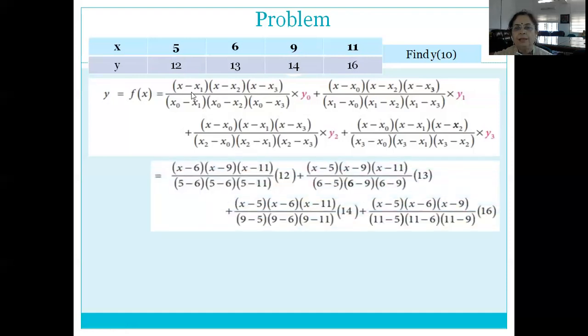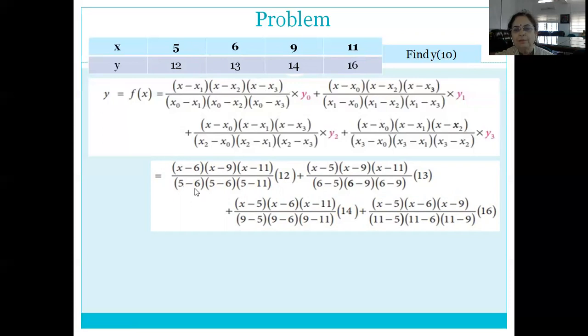Now I have replaced the values of the given data points. So x1 would be replaced as 6, x2 is replaced as 9, x3 is replaced as 11 in this factor. Whereas in the denominator, this is for the first data point, so our x0 point is 5.